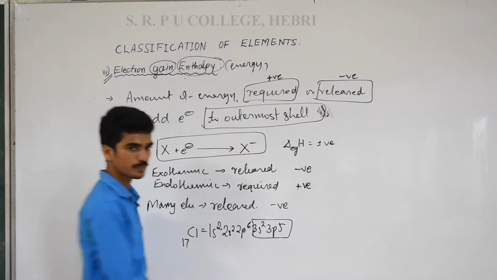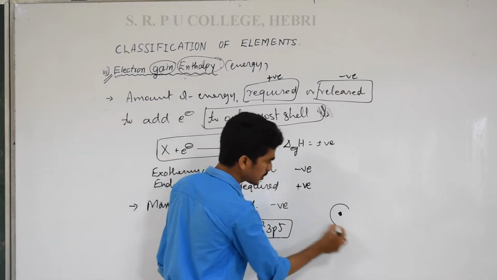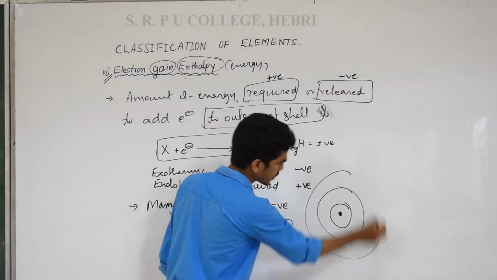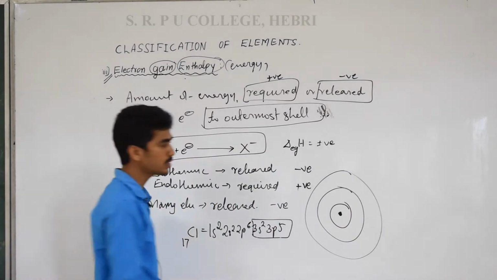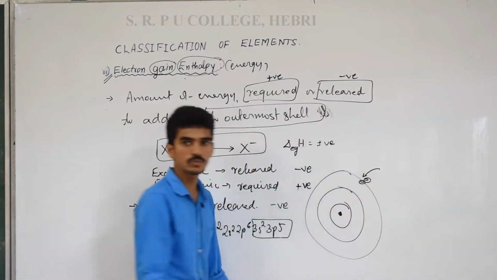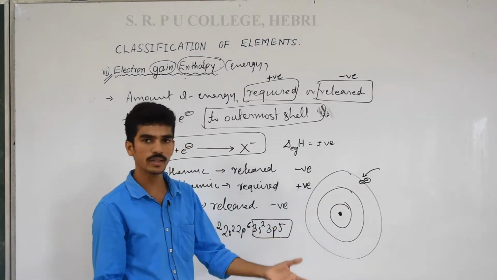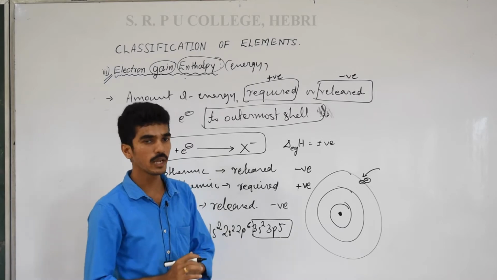Electrons revolve around the nucleus. Our task is to add the electron to the last orbital. Once you add the electron, it will release or require energy.